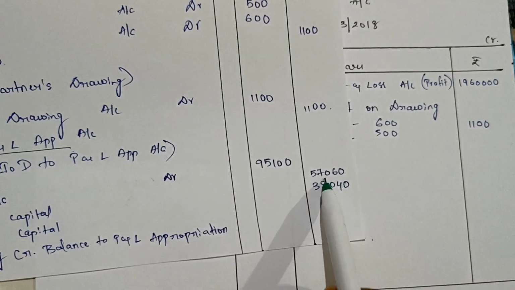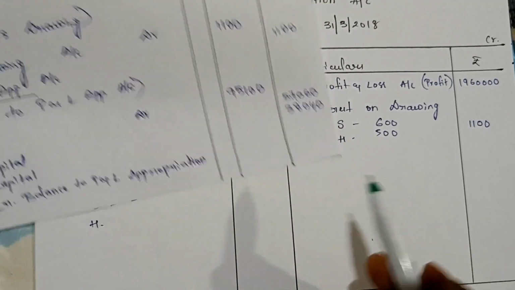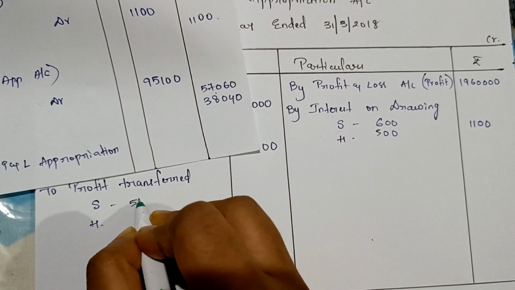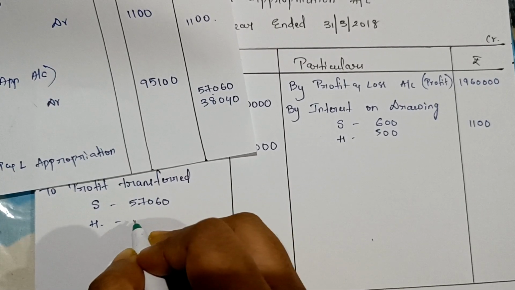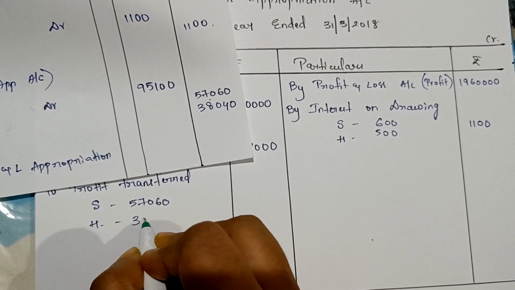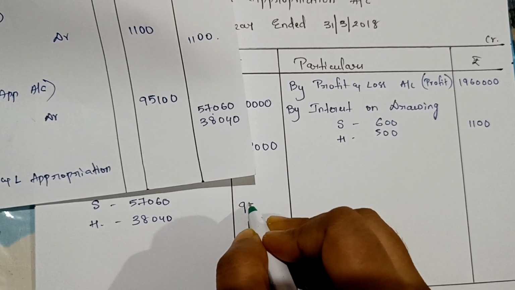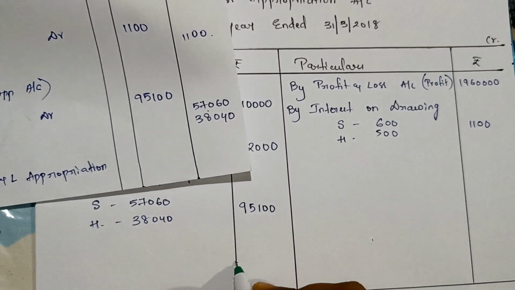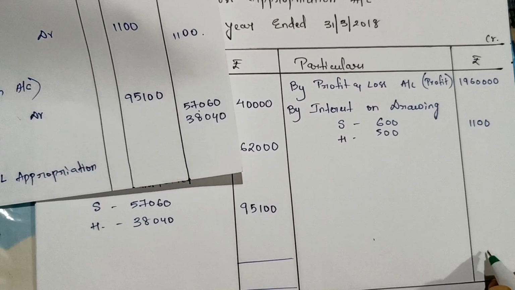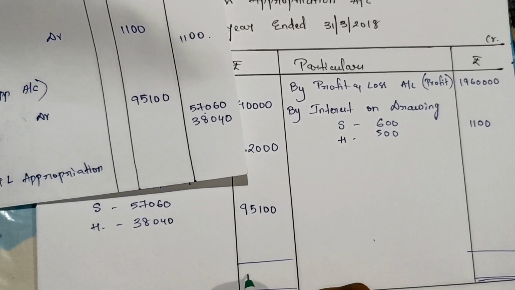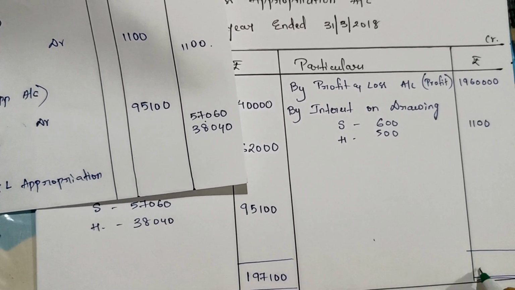Now let's see the amount. 57,060 and here 38,040. Adding both is 95,100, and the total amount is 1,97,100.